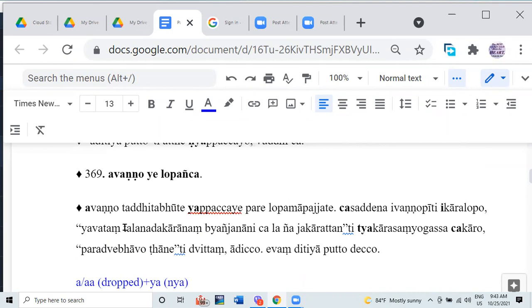E of DD is dropped. Here, Yavadan Talana Kakarana, Dejanadi, Chalana, Chakaratanti. This is in the Nama chapter of Padarūpasiddhi and Kajalana. So this is the Tiakara Sanyogasa Chakaro. Tia changes to Cha. This is called mutual assimilation.